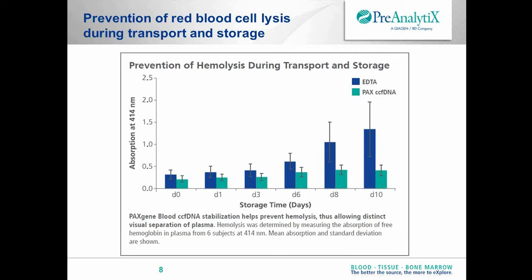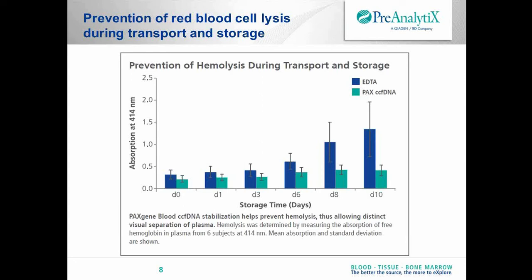You see over 10 days that our tube, shown in green, and the EDTA tube, in blue, differ: the hemoglobin is very strongly distributed in the EDTA tube over time, so the red blood cells lyse, and our tube stays more or less constant with respect to hemoglobin and hemolysis.